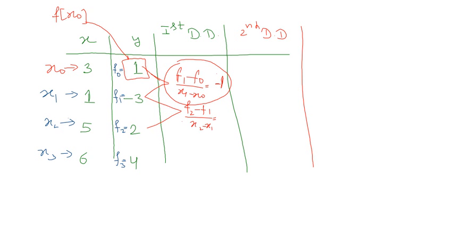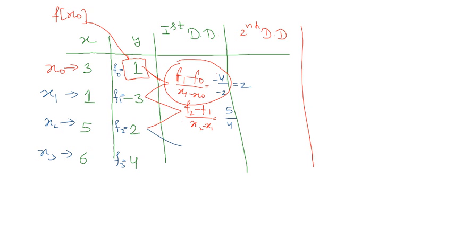This is not minus 1, since f1 is minus 3. So minus 3 minus 1 is minus 4, divided by 1 minus 3 is minus 2. Minus 4 divided by minus 2 is 2. Then 2 minus minus 3 is 5, divided by 5 minus 1 is 4, so 5 by 4.